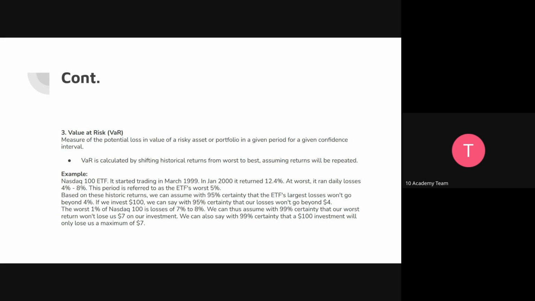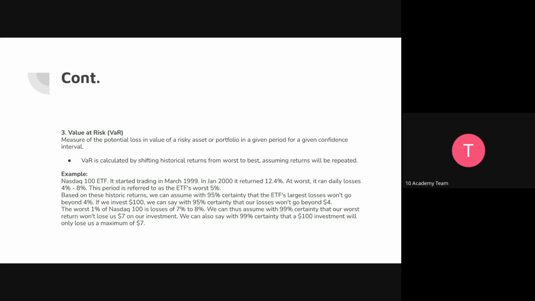Anyway, there are other measures of risk you can check if you want to consider more, and each one of them has limitations.